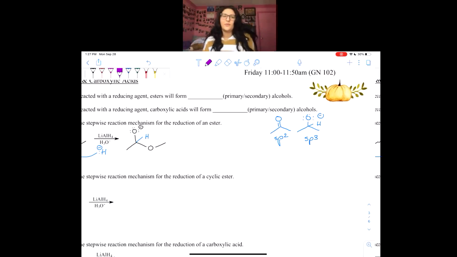But because of the way everything becomes conjugated in the double bond, that one becomes more stable. That's a weird explanation for it, so I'll just repeat it one more time. Because of the way our orbitals will be facing in the case of the double bond, our electrons will be in more stable locations, and so the sp2 hybridization will be more stable.